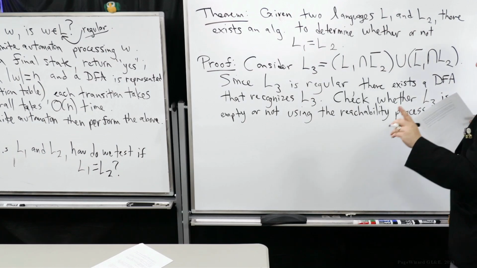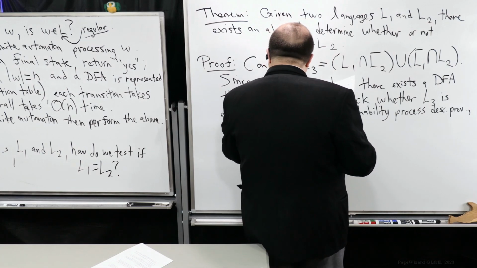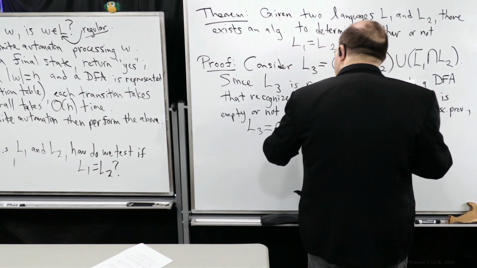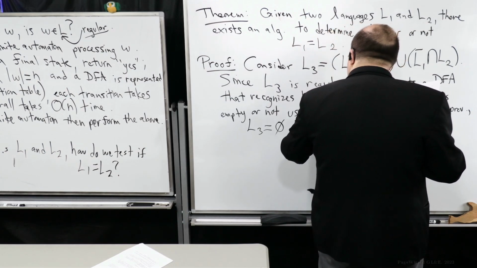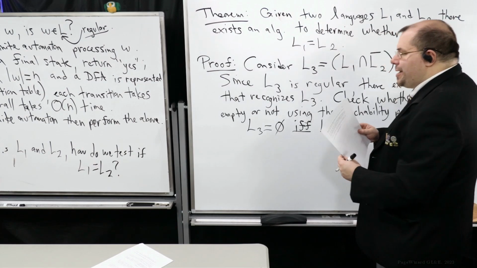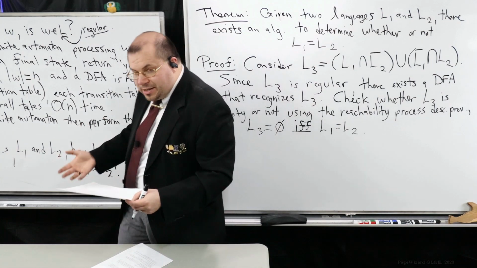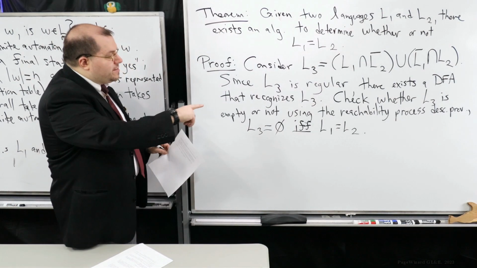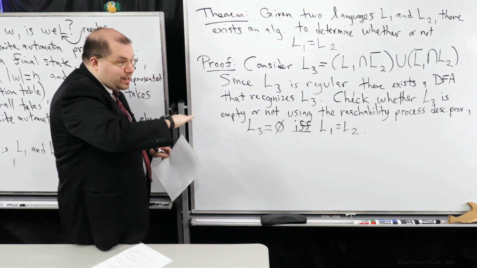What you could actually show is that L3 is the empty language if and only if L1 is equal to L2. So now I want to convince you that this is in fact the case. I'm going to make an argument showing you that this two-directional connection exists, so I'm going to prove both directions separately.